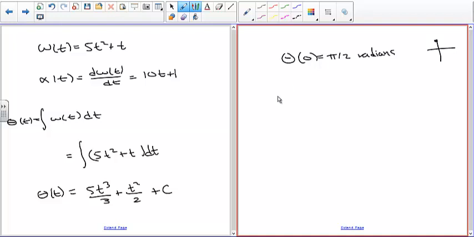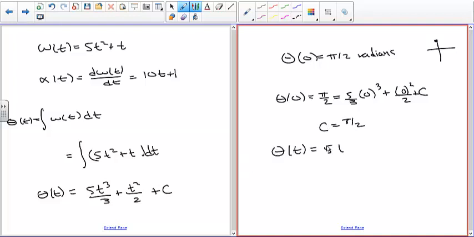So I'd say, theta of 0 equals pi over 2 equals 5/3 times 0 cubed plus 0 squared over 2 plus c. So you get c is equal to pi over 2. So then, the particular solution would be equal to 5t cubed over 3 plus t squared over 2 plus pi over 2. And this would all be in radians.